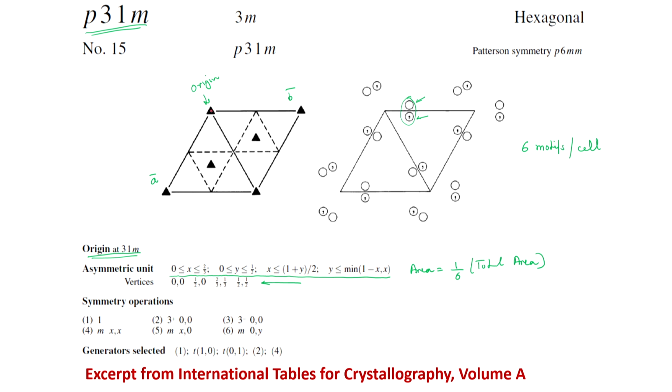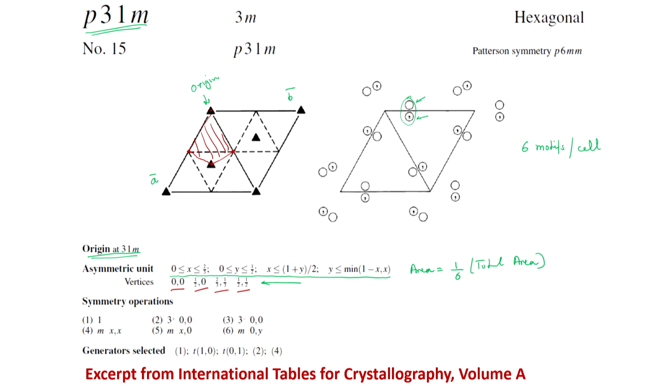I have the vertex here at the origin itself, 0, 0; half would take me here; 2/3, 1/3 will take me on this threefold rotational symmetry; and then I have half, which is the center of the cell. So, if I join this, then the asymmetric unit is out here.